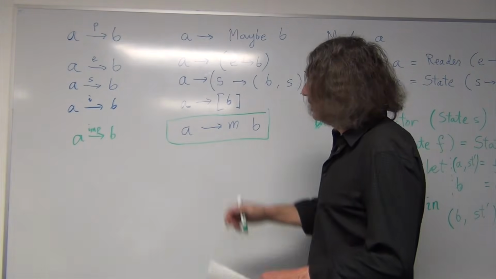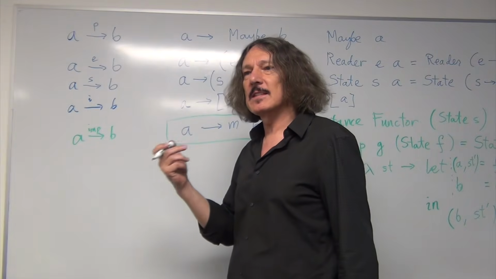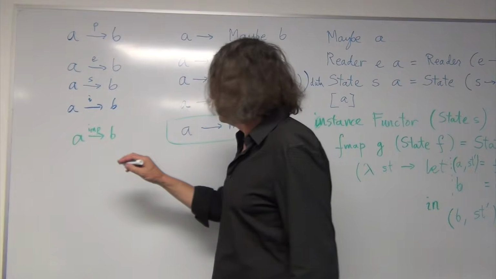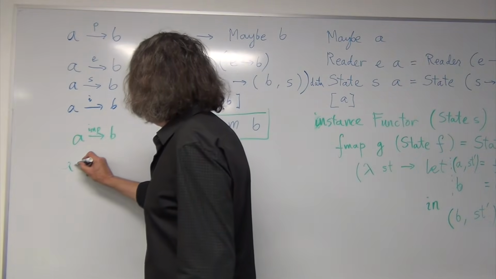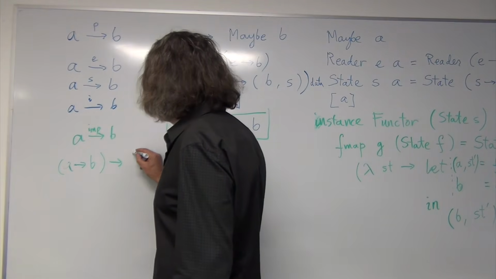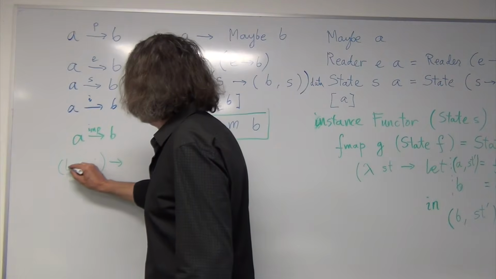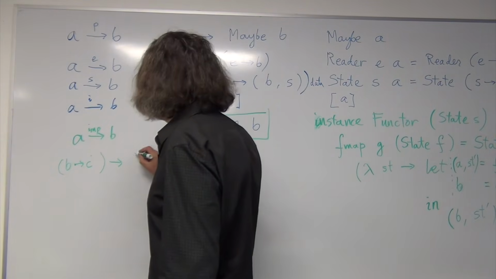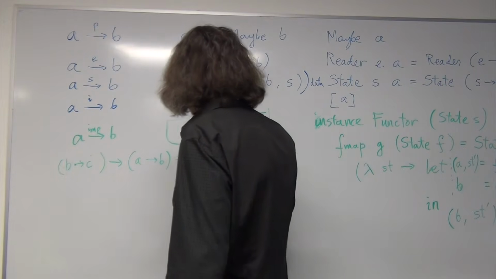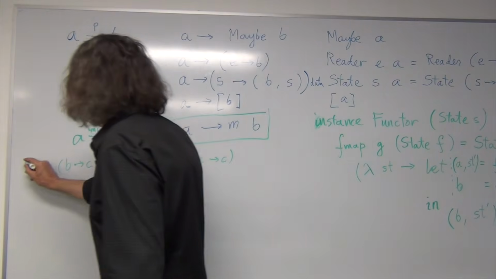We want to write something that behaves like the dot, but works on Kleisli arrows. So the dot works on functions like A to B, and, well, actually it was inverted, so it was from B to C after a function from A to B, and it produces a function from A to C. That was the dot.